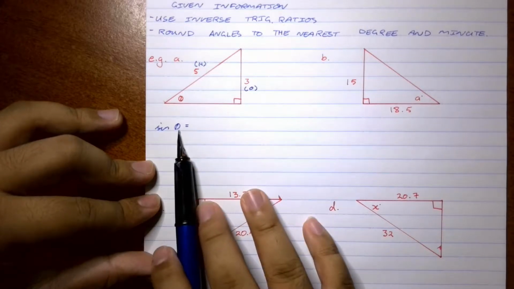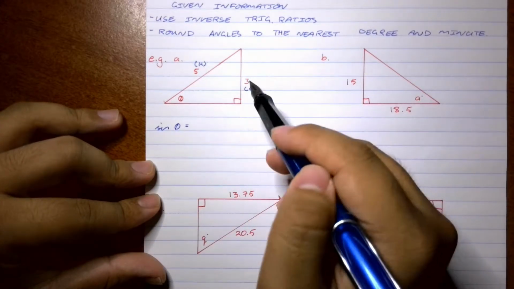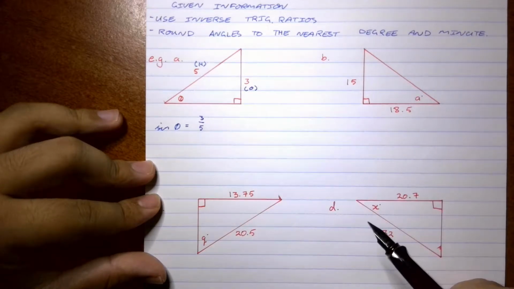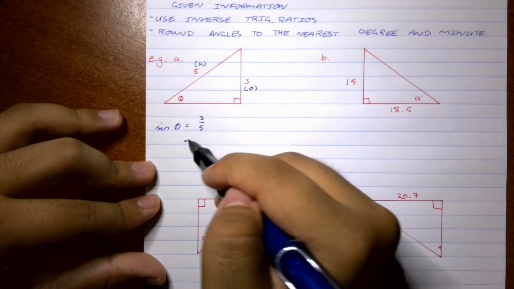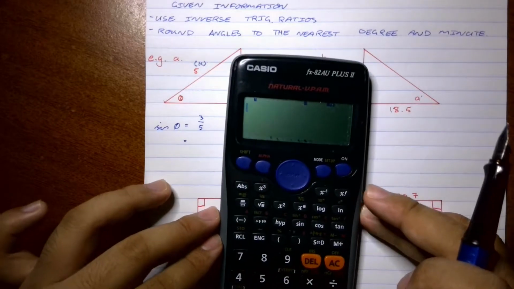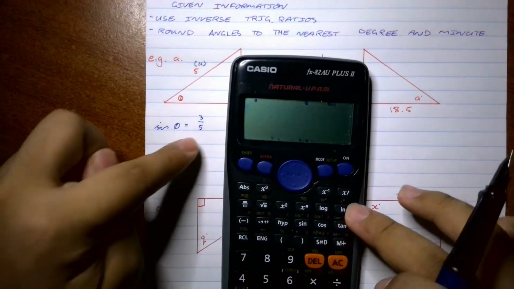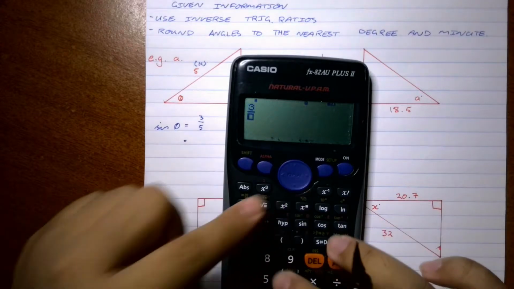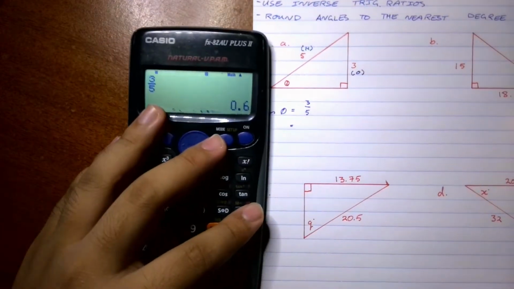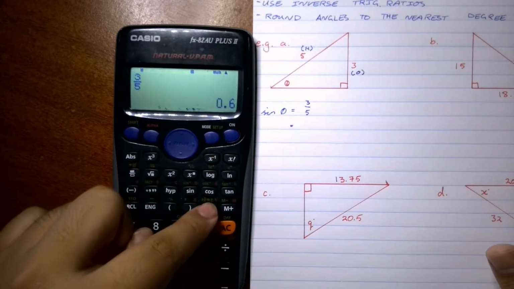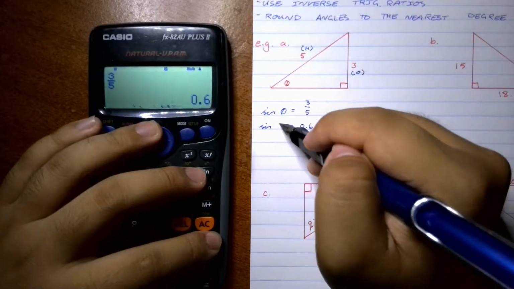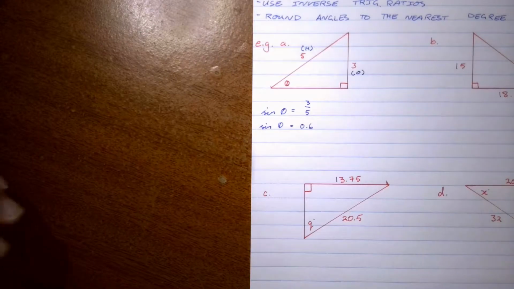To get that value, sine theta is equal to opposite over hypotenuse, which is 3 over 5. Let's see if we get a neat decimal. I took 3 over 5 and pressed this button, which gave us 0.6. So sine theta is equal to 0.6.